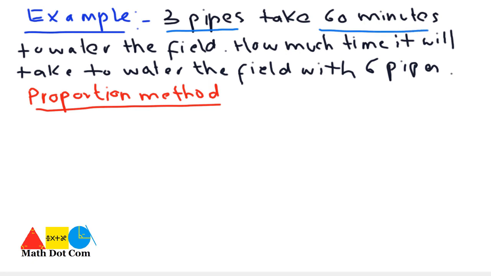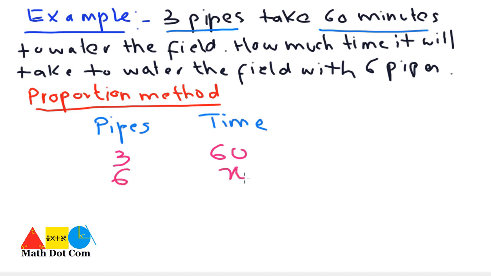We have 3 pipes and the time is 60 minutes, and with 6 pipes the time we have to calculate. We can take it as x. As it's inverse proportion, we will draw the arrows this way.